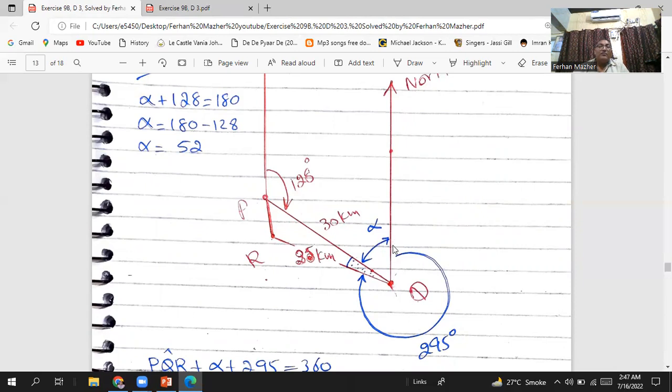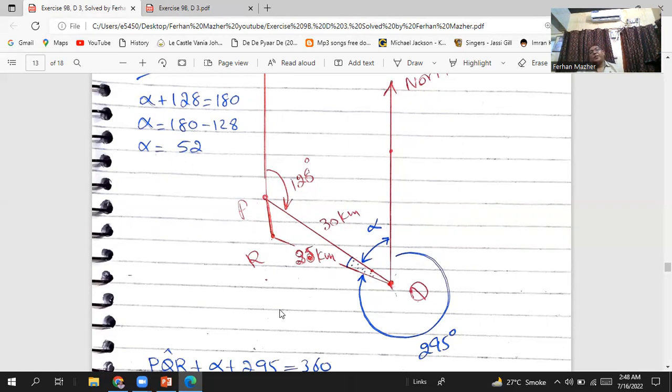Then they told us that the bearing of R from Q is 295. If I draw north here, it will be 90 here, 180 here, 270 here, and 360 on this side.